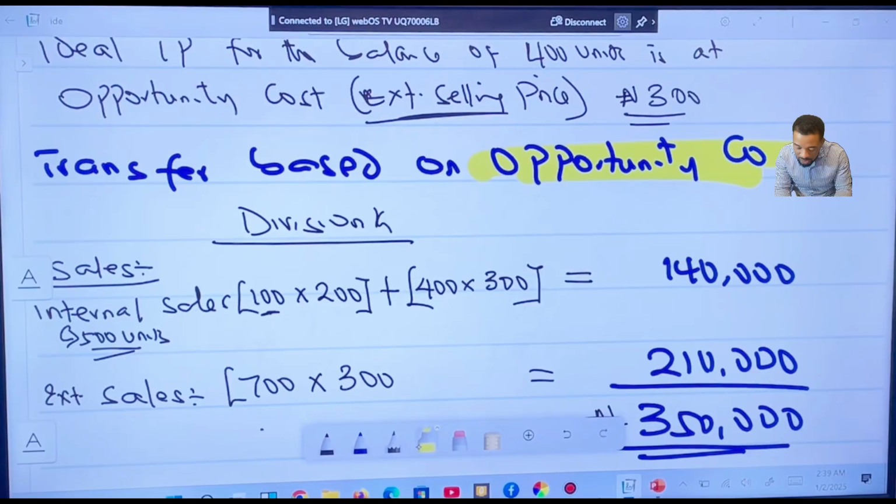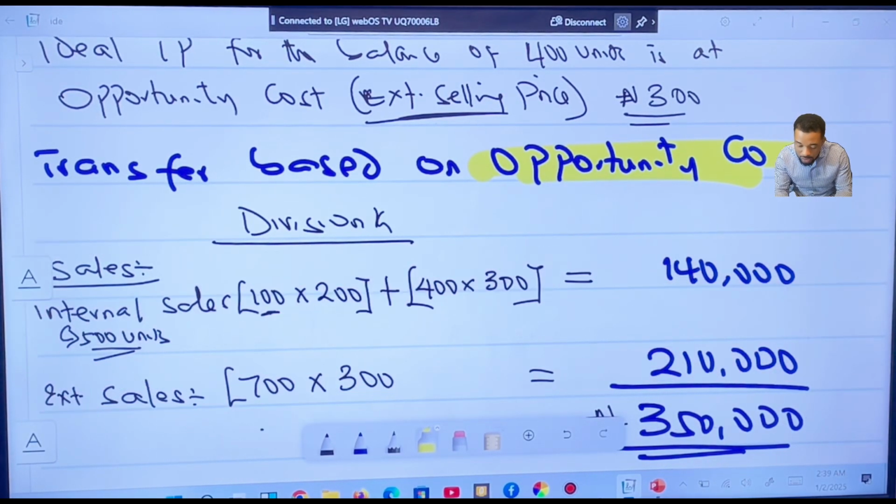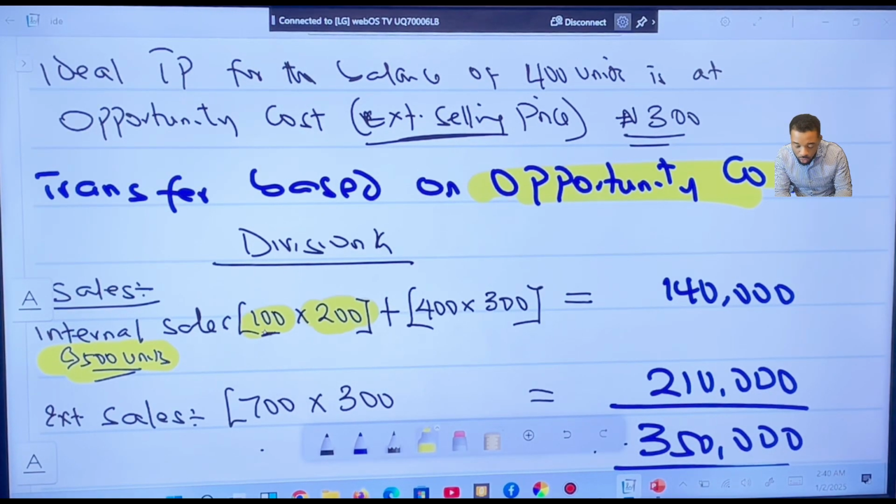That 100 units should be sold at variable cost, which is 200. Internal wants a total of 500 units. So out of this 500, I've sold 100 units at 200 variable cost. The balance must be sold at opportunity cost or external selling price. So what is the balance?